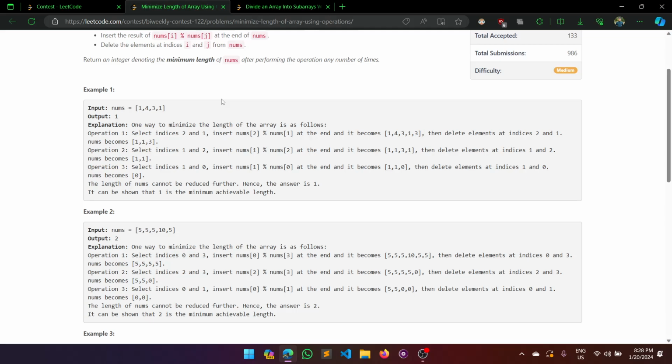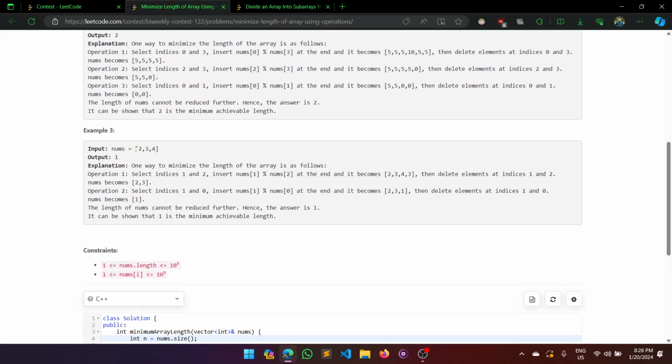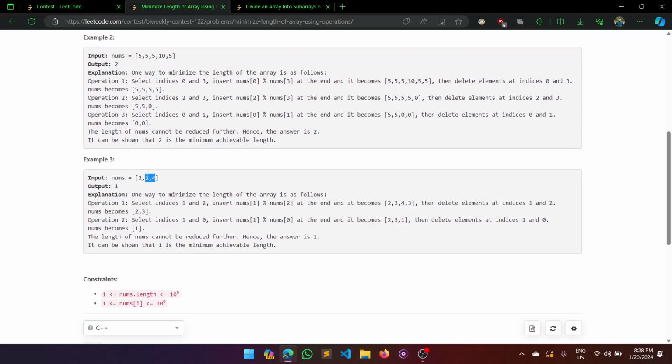So if I already have 1, then that's fine. If I don't, then I want to have 1. I am thinking of a much simpler case. If I don't have any 1 in the array, then the answer is always 1.